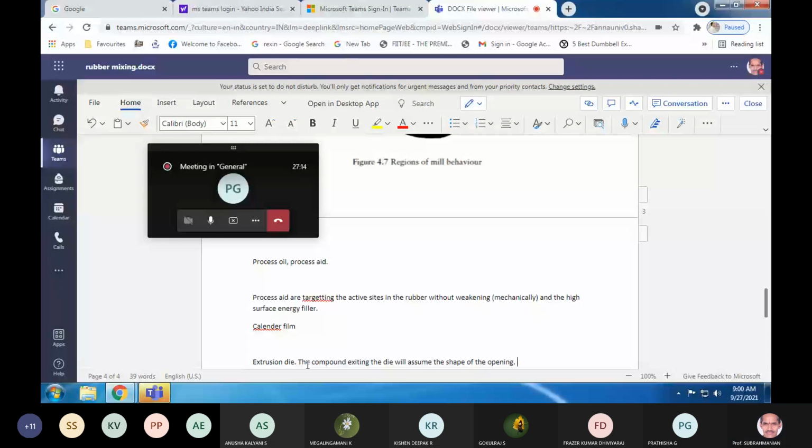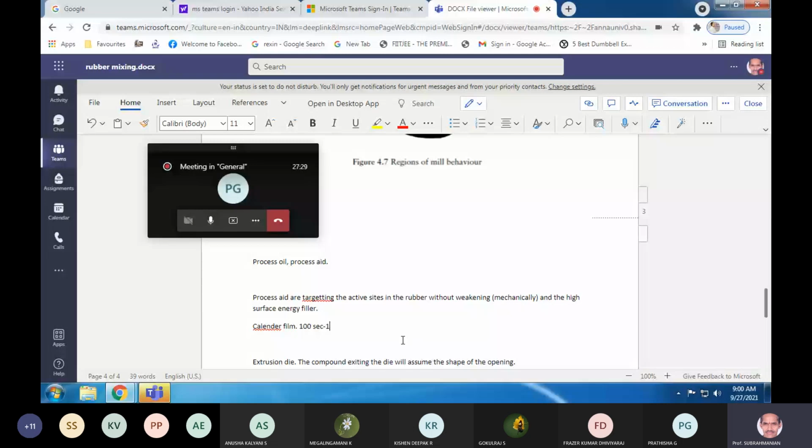Shear rate, right here. The shear rate in calendering will be of the order of 100 second inverse, whereas in extrusion it is of the order of 1000 second inverse.